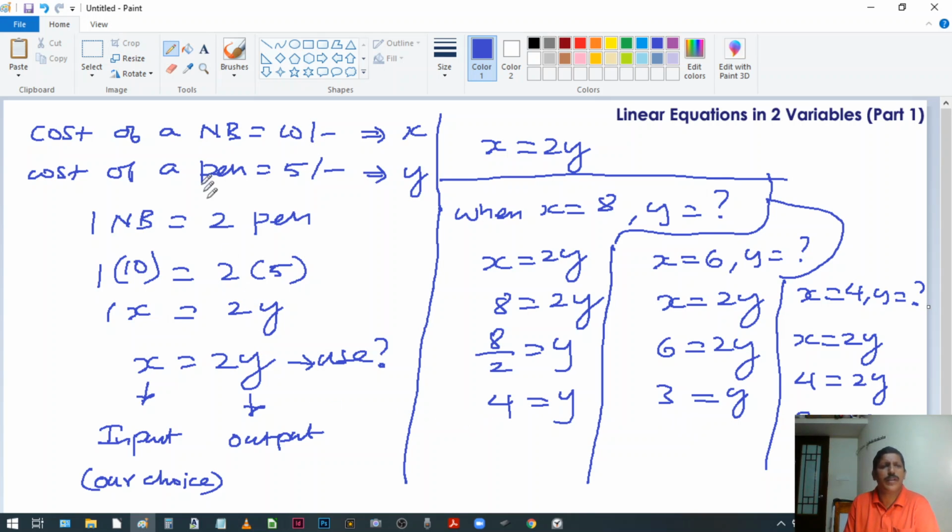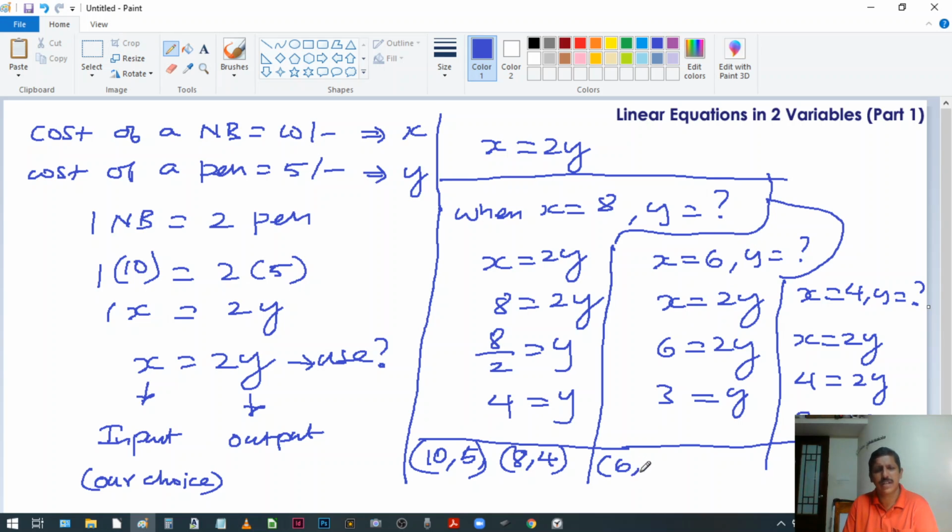Now in the first situation, we see that when x is 10, what is y? y is 5. So this is one solution for this equation. What is another solution? When x is 8, the answer is 4 for y. Then we have taken one more also.